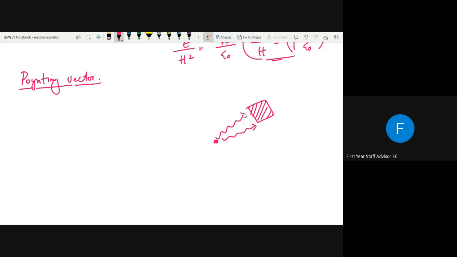And what is the Poynting vector? The Poynting vector is the vector which has the magnitude and direction of the flow of energy per unit area.